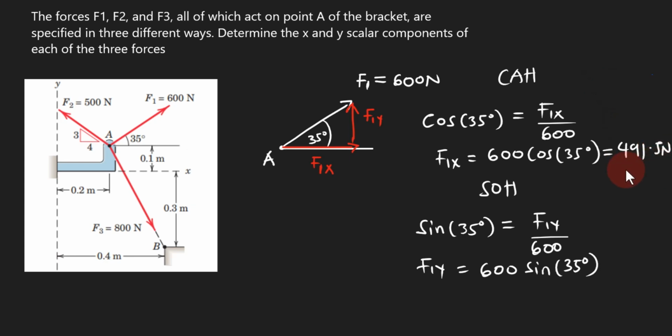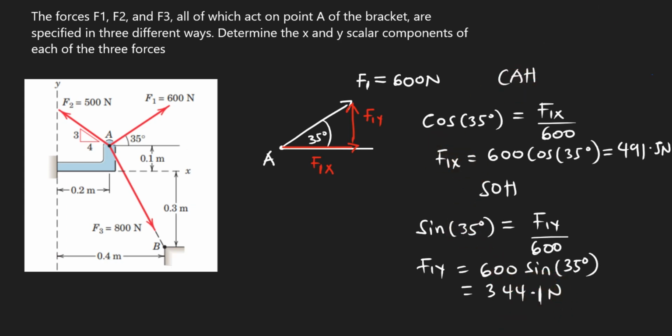That will be the value of F1x, which is the scalar x component of the force F1. Let's do the same for F1y. That will be 600 sine of the 35 degrees. That gives us 344.1 newtons.